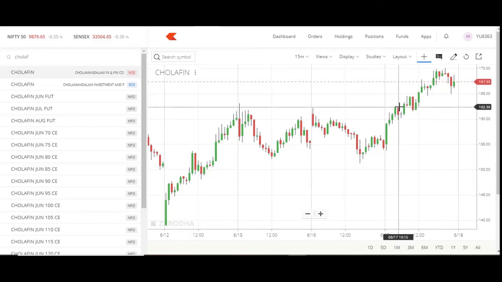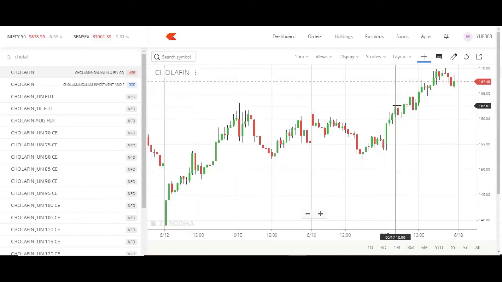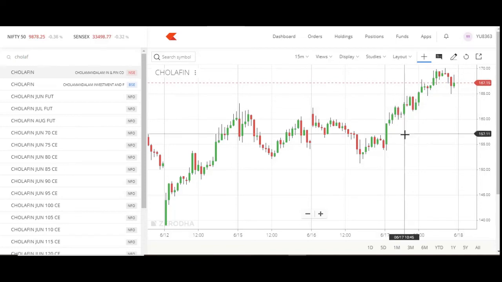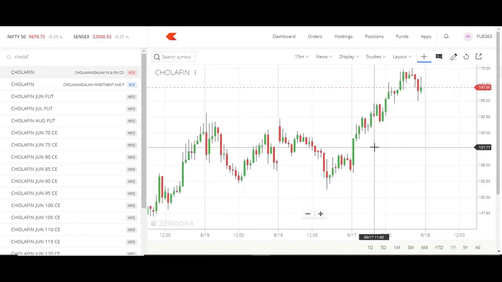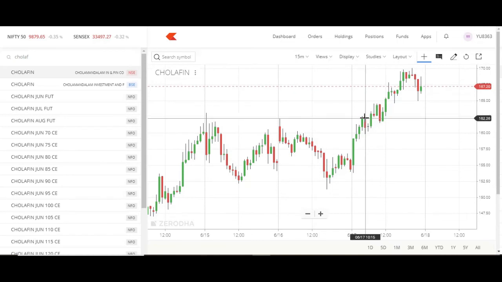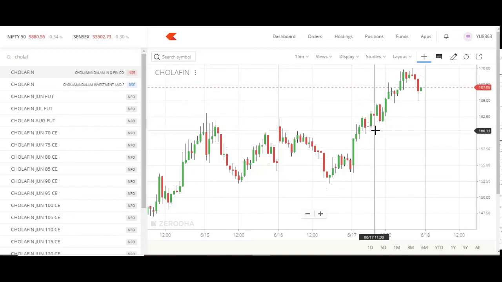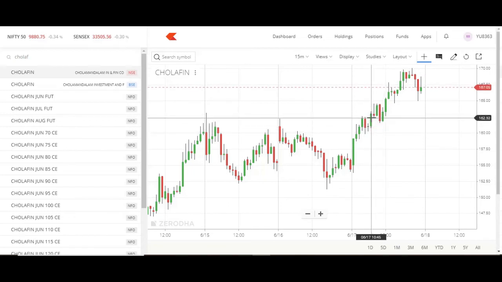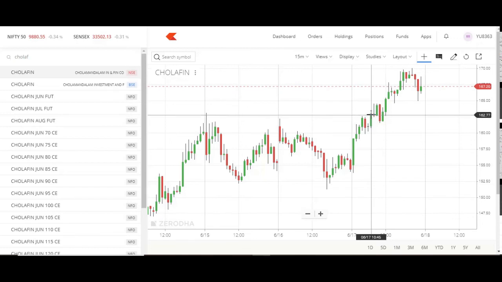So we can go long above the price of 162.70. Assuming we made that trade above the high of 162.70, you can see on this chart where the trade gets executed.